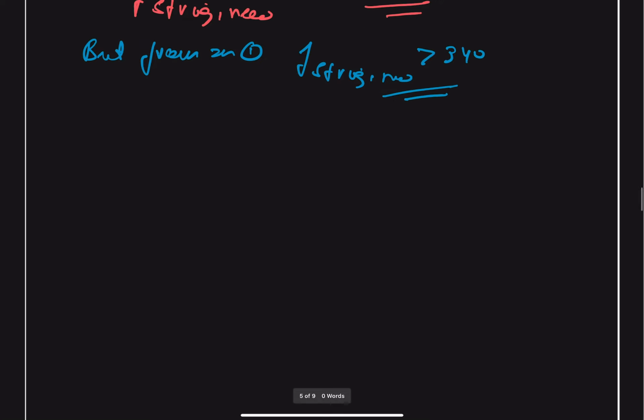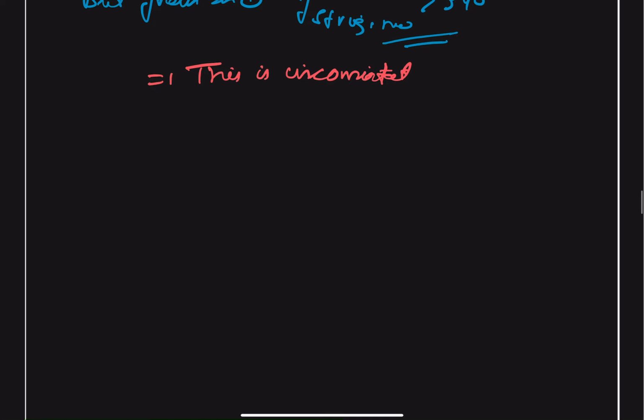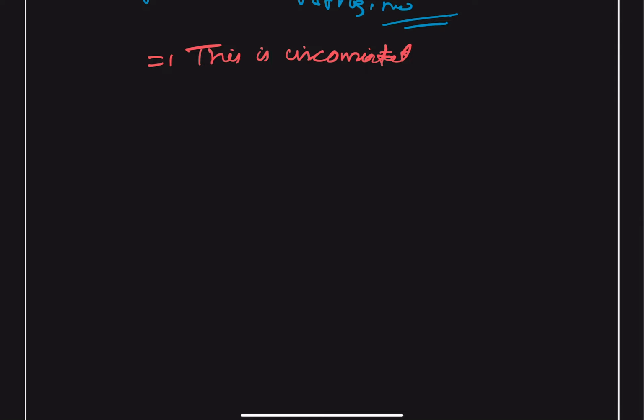Okay. So you can say this is inconsistent. Therefore, we can say that the value of n will be equal to 344.